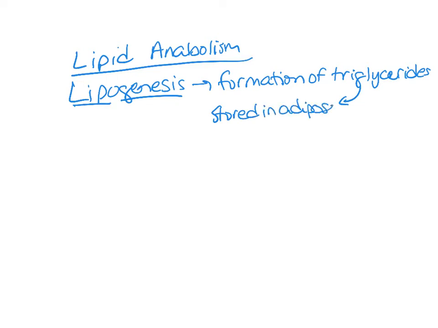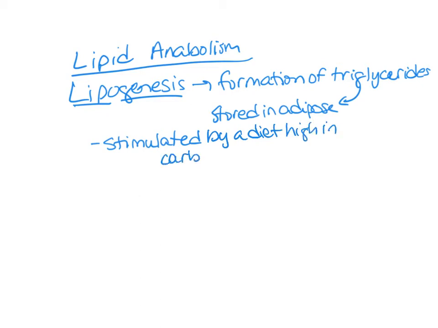So when does your body form triglycerides? Well, we know that it is stimulated by a diet high in carbohydrates, and it's also stimulated by the hormone insulin. And insulin will be released whenever you have a diet high in carbohydrates.